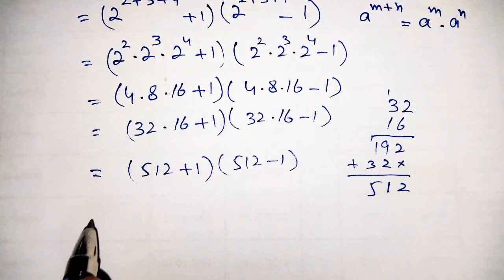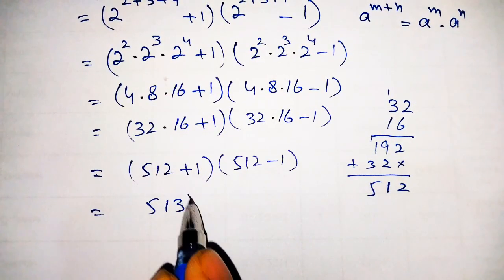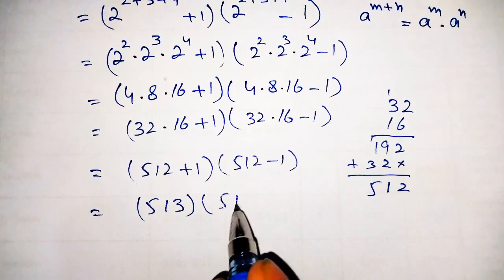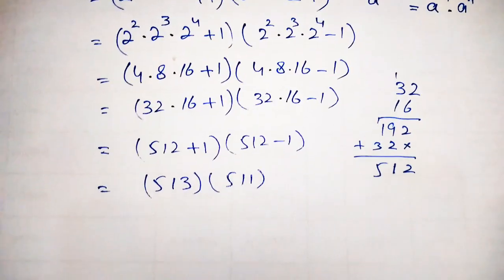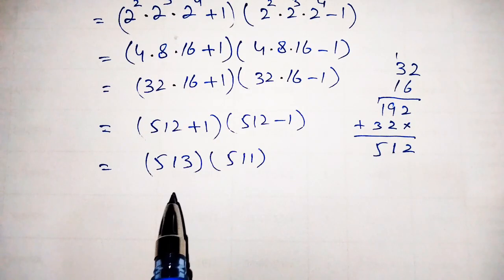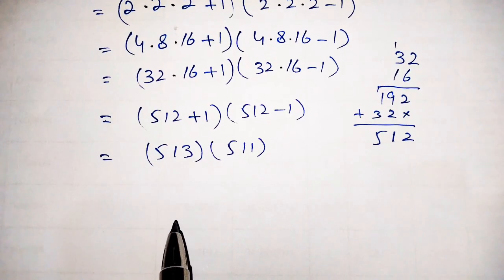Now we can write it as 513, since 512 plus 1 is 513, and 512 minus 1 is 511. Now we will multiply these two terms by using some tricks very easily, as calculator is not allowed here.